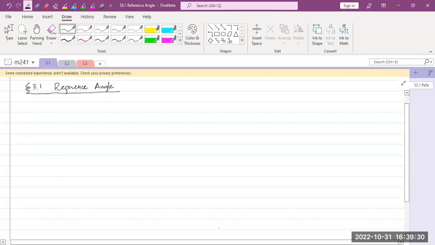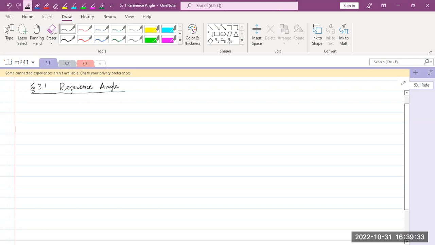What is a reference angle? Definition. The reference angle of angle theta, denoted by theta hat.